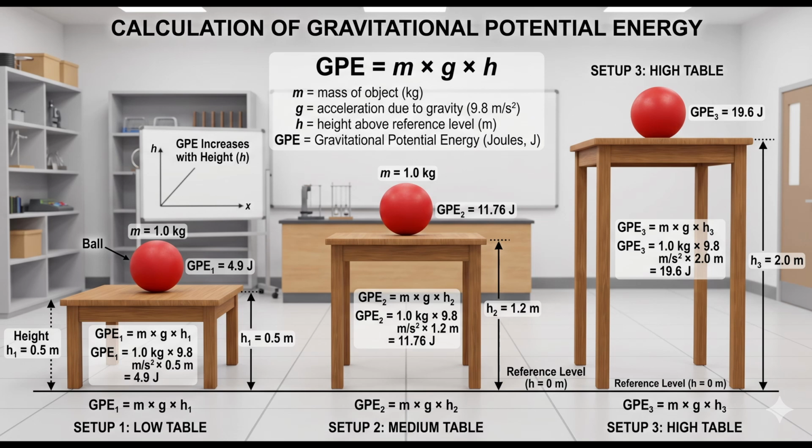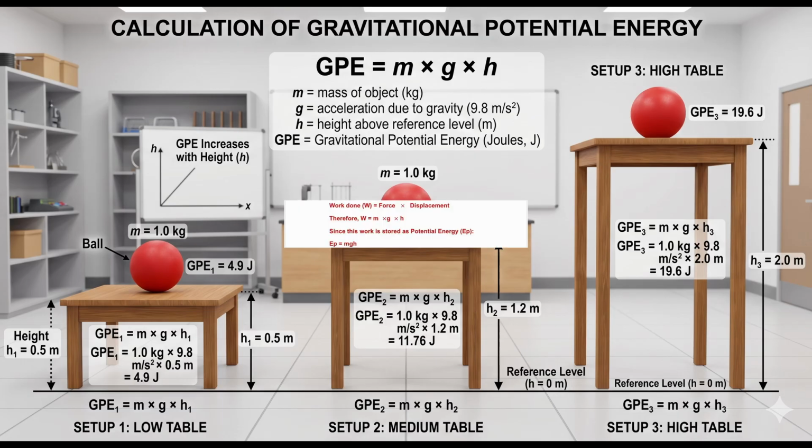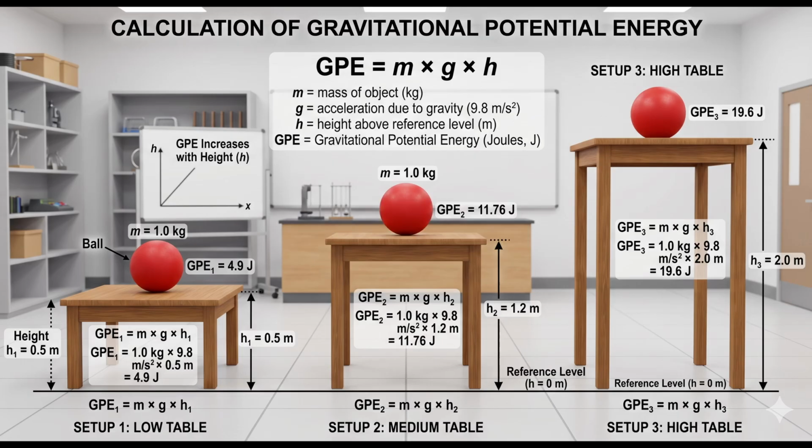Work done is equal to force into displacement. That means W is equal to m into g into h. Since this work is stored as potential energy, the potential energy is equal to mgh.